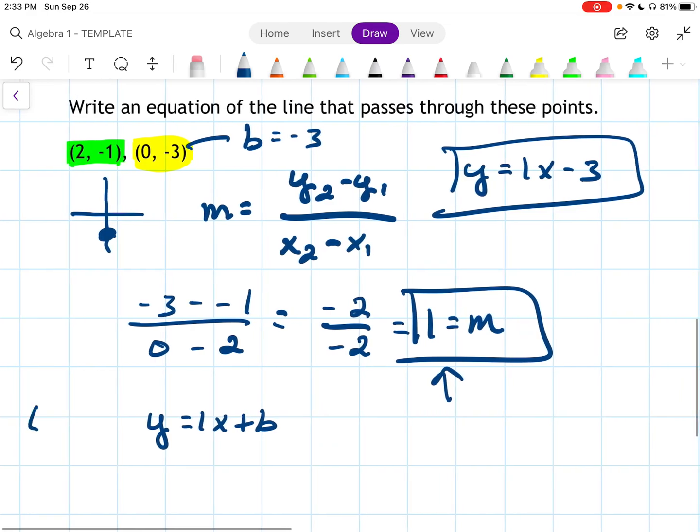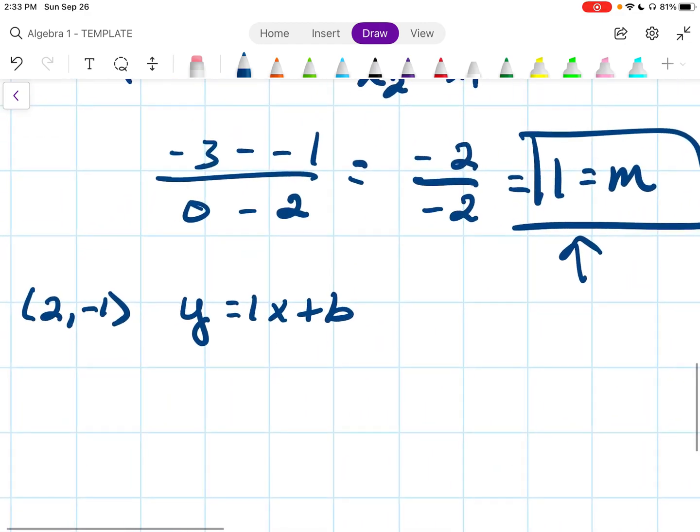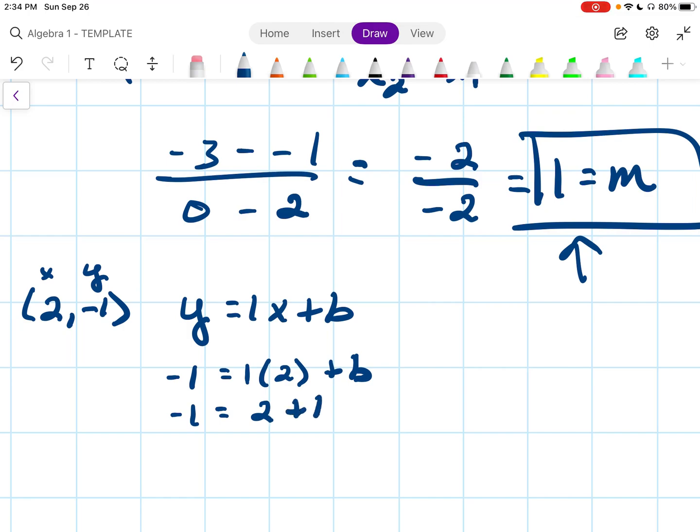I'm going to use the point 2, -1. That's the green point up there. And I'm going to plug it in. Here's my x, here's my y. I can plug this in and I can say, well, -1 equals 1 times 2 plus b. Now I just solve for b. And so this is going to be -1 equals 2 plus b. So -3 equals b.